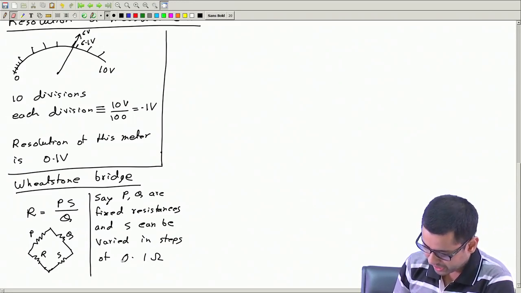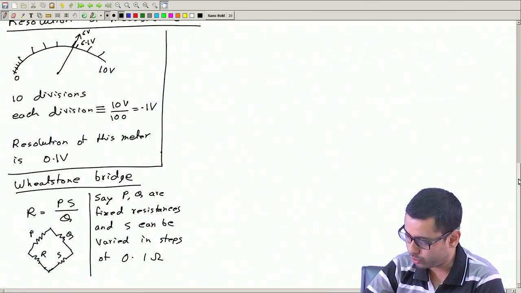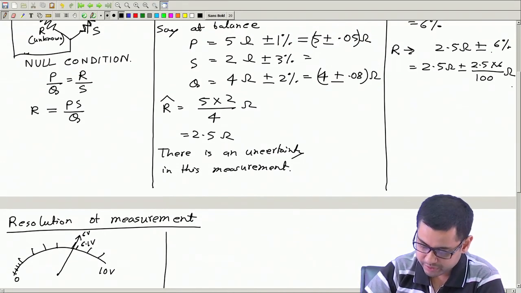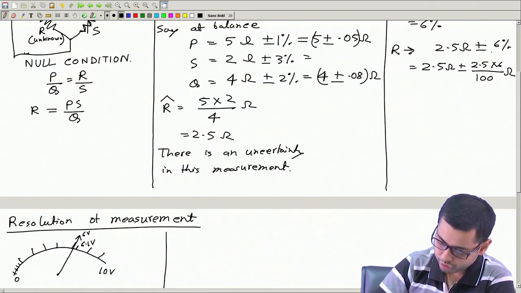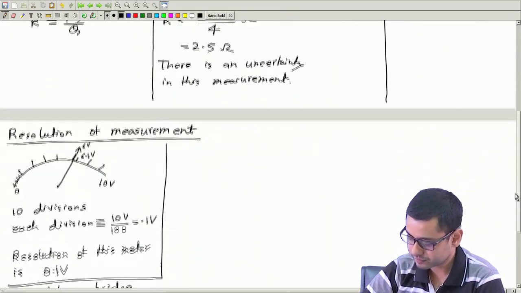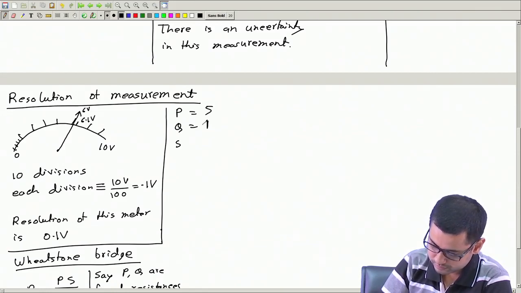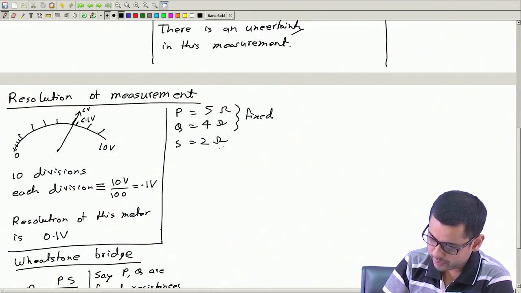If the values of P, Q and S are 5 ohm, 4 ohm and 2 ohm, now these two are fixed, and this can be varied in steps of 0.1 ohm.